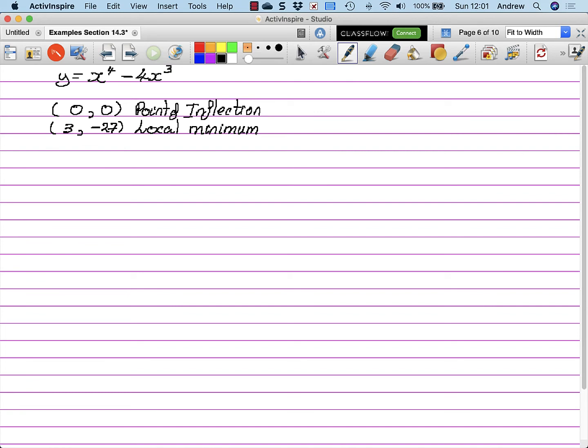And we've also got it cutting the x-axis at the point 4, 0. So that's where it cuts the x-axis.